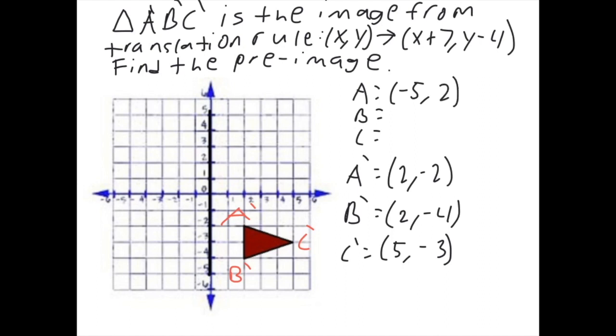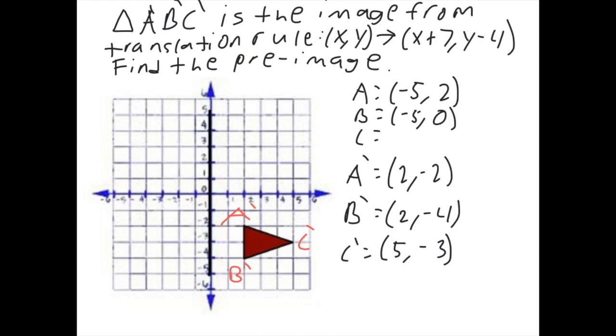And we do the same thing. We're just doing the opposite of what happened. So B prime was 2, so subtract 7 to get -5. And B prime y coordinate was -4, add 4 to get 0.